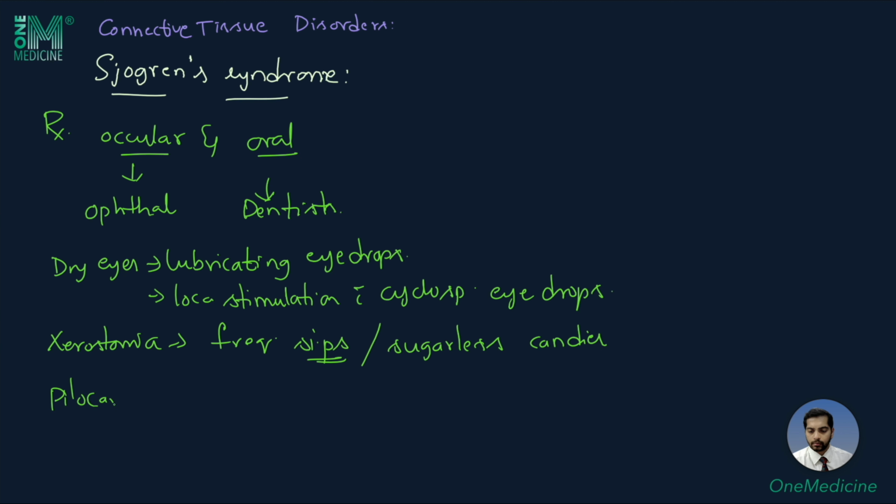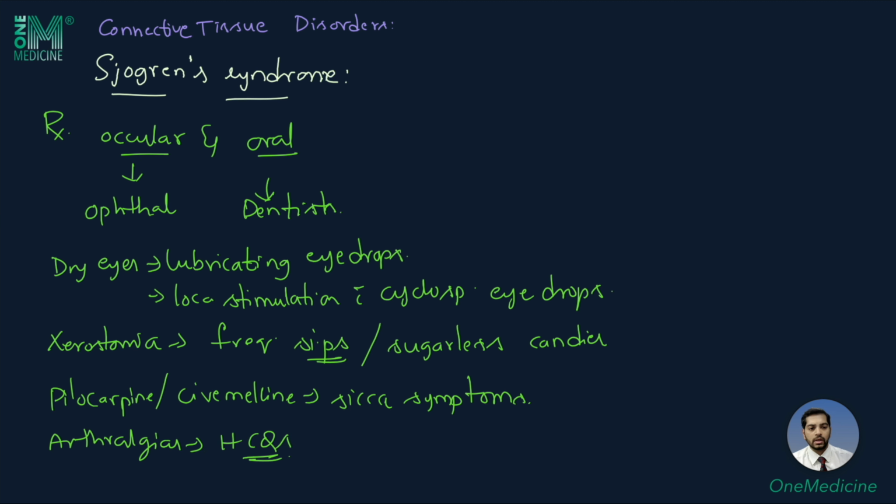Pilocarpine or cevimeline can also help with the sicca symptoms. For patients with arthralgias, hydroxychloroquine can be used. In patients with extraglandular manifestations, glucocorticoids can be tried. But glucocorticoids do not have any role in treating the sicca symptoms.